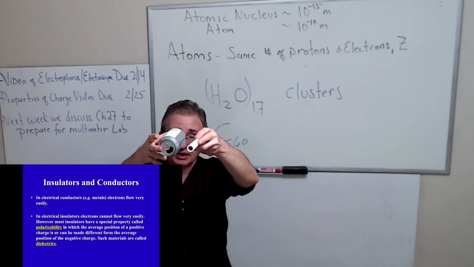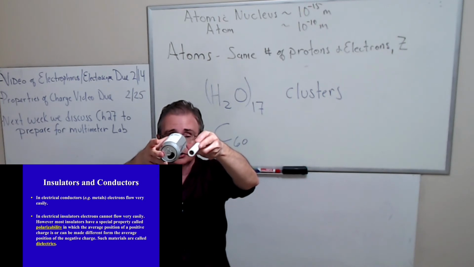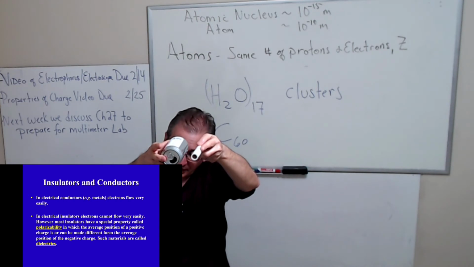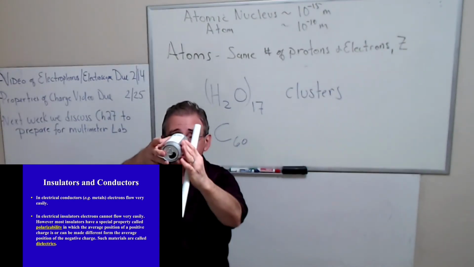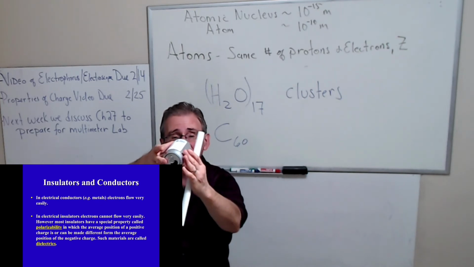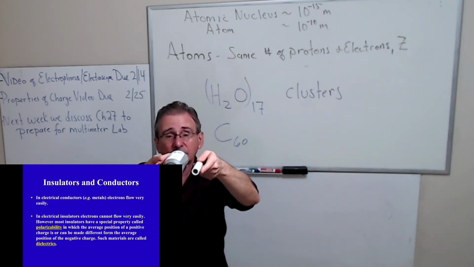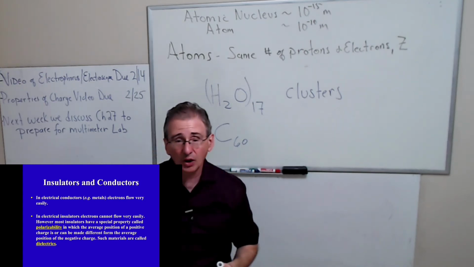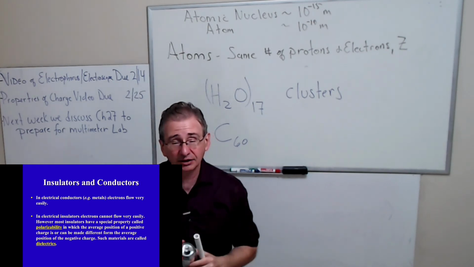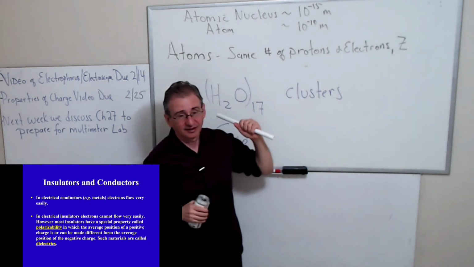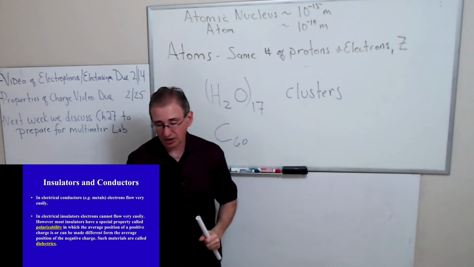The electrons in the can like the positive charge, and they would rearrange themselves to get as close to the positively charged rod as possible. So now you're going to have a net negative charge on the surface of the can near the rod, and that's going to cause the can to be attracted to the rod. So no matter what, the can will be attracted to the rod even if the can is uncharged.